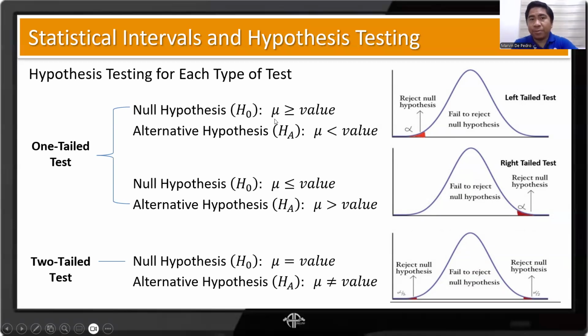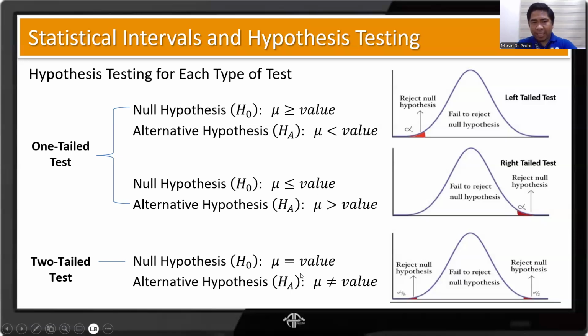Left-tailed if our null hypothesis says the mean is greater than or equal to the actual value. Right-tailed if our null hypothesis is claiming that the mean is less than or equal to the actual value.